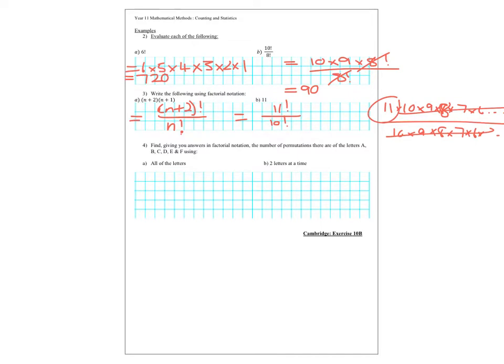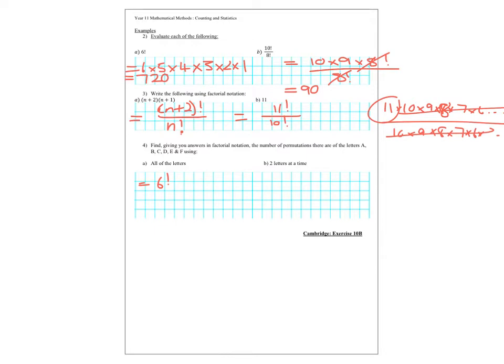Alright, number 4. Our last example before you can do some on your own: find, using factorial notation, the number of permutations, remember that's the definition of a permutation that we talked about before, there are of the letters A, B, C, D, E, and F, using all of the letters. Well, the number of arrangements is actually just 6 primed.